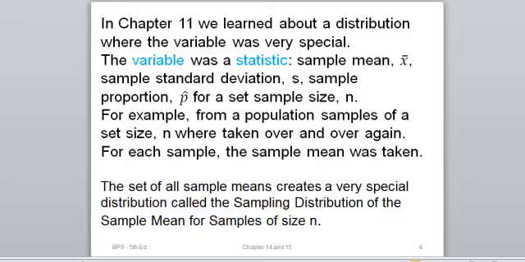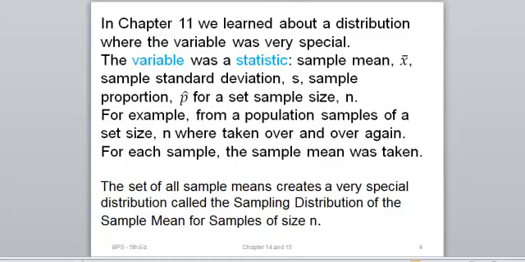So I create what's called the sampling distribution of a statistic. And we went very heavy in Chapter 11 on the sampling distribution of the sample mean for samples of a specific size, which we called n. N could take on one to whatever number. So we looked at that.